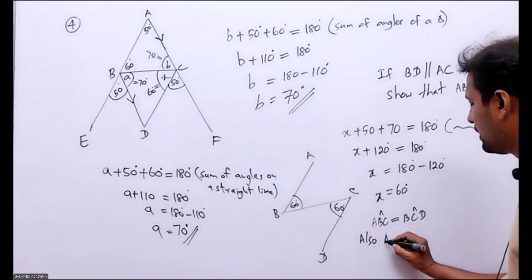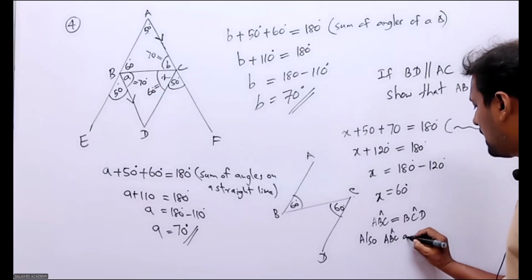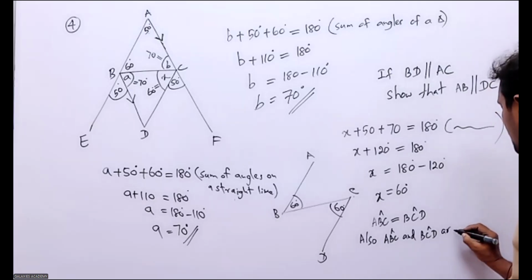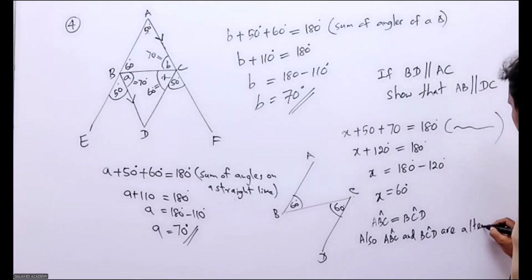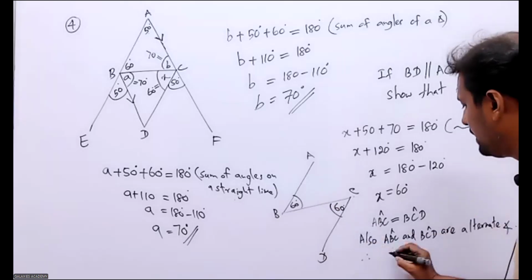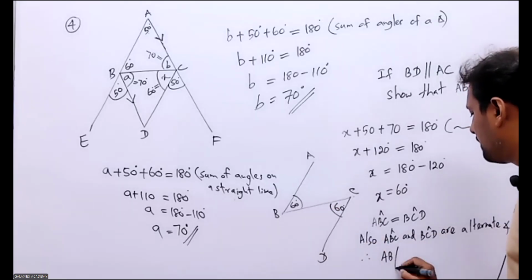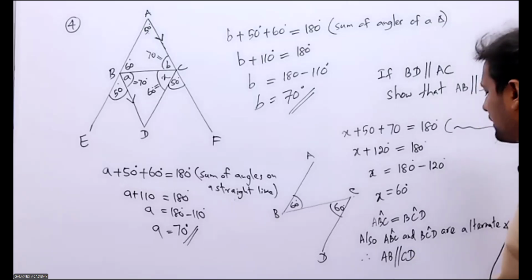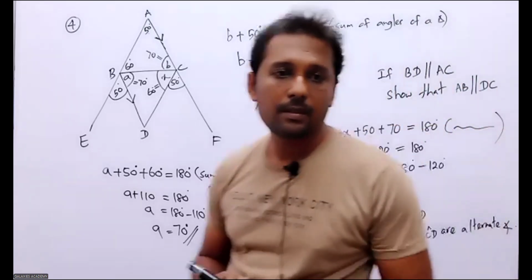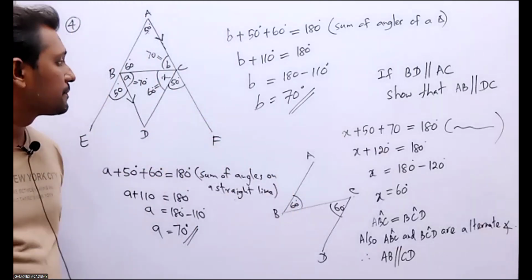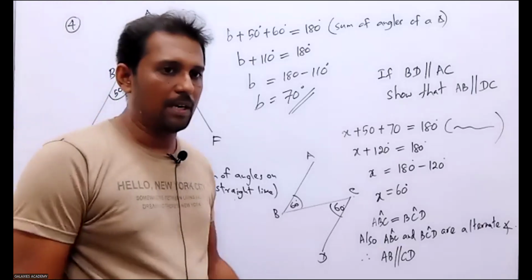Also, ABC angle and BCD angle are alternate angles. Therefore, AB is parallel to CD, right? It is the showing method, one method.